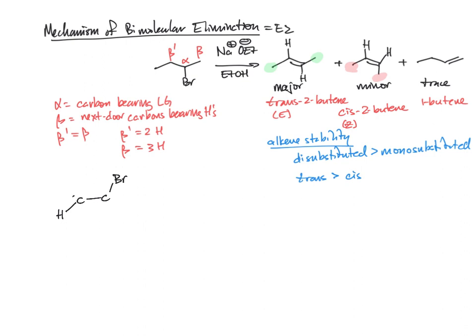So what I'm going to do now is put in the remaining groups. So I've drawn that very suggestively. This H, this C, this Br, they are all in the plane of this whiteboard.